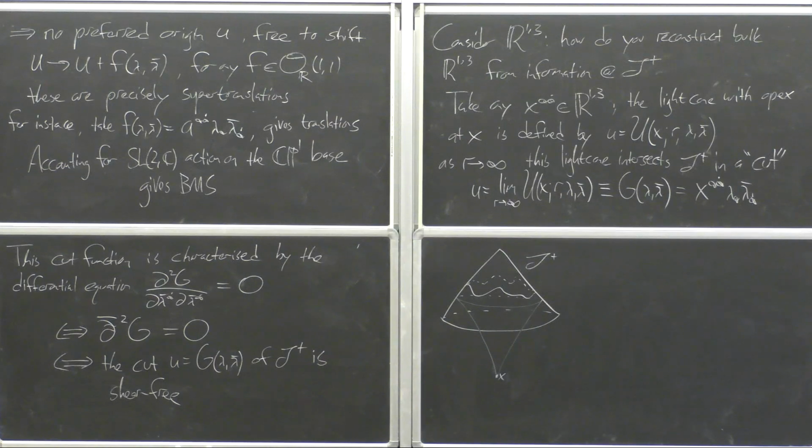Imagine in twistor space, I take a curve in twistor space, I can reconstruct a point. One of these lines in twistor space, I reconstruct a point in spacetime. That's a one-dimensional object going to a zero-dimensional object, and I would say it's the same here.